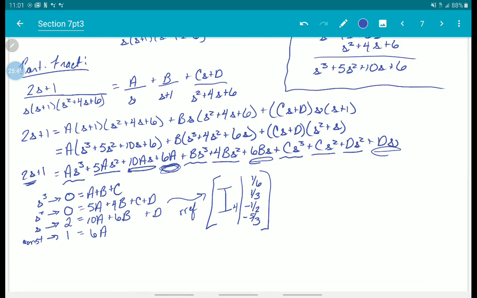So then our y of s, if we were to substitute all of that in, is equal to 1/6 over s plus 1/3 over s plus 1 plus (-1/2 s minus 5/3) over s squared plus 4s plus 6.